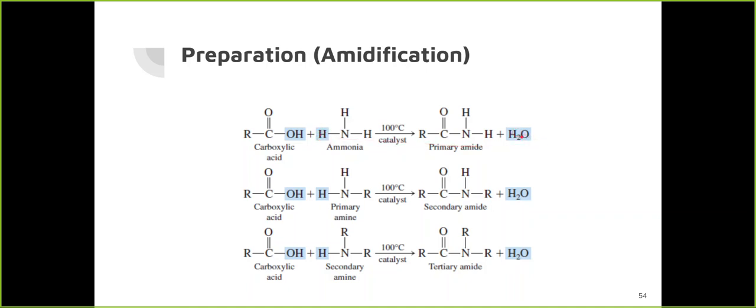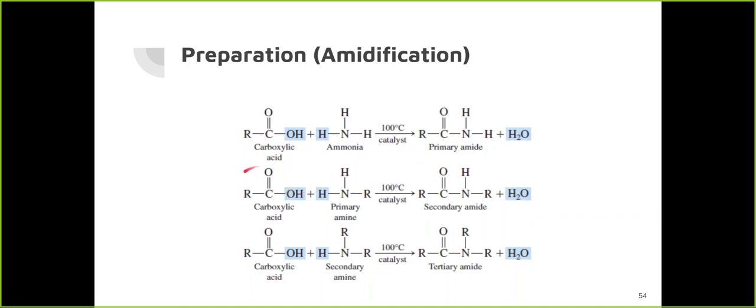Then this nitrogen will attach to the carbon on the double bond, and this gives you a primary amide. So you've got RC double bond O, NH2. So this is a primary amide.